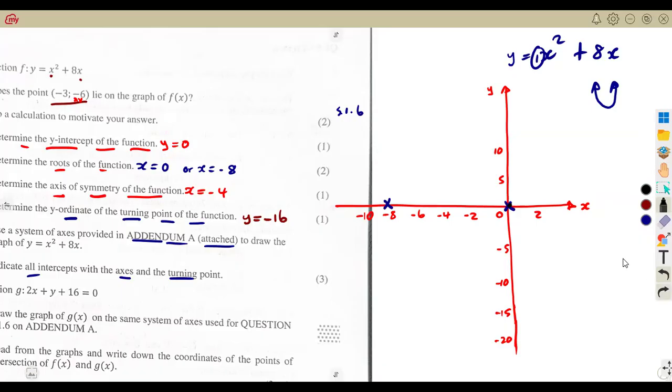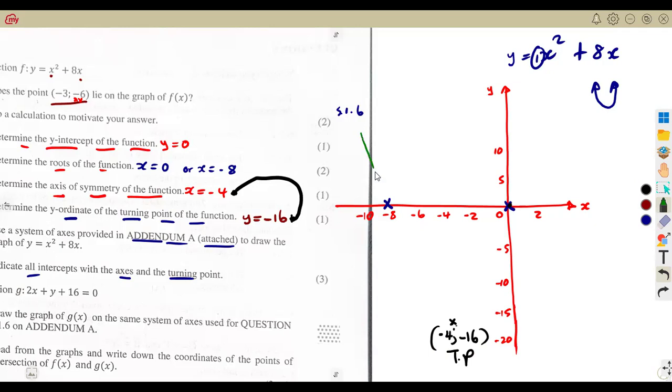Remember, the turning point has an x value at the axis of symmetry, at minus 4, and the y value of the turning point is minus 16. So minus 4 and minus 16. Let's say approximately it is somewhere there as your turning point. So this point is (-4, -16) on your graph. Please be very careful there. Our graph can be drawn because we have the roots and also the turning point.